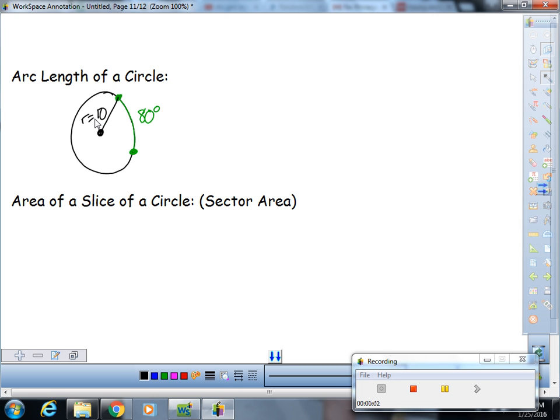It's measured in inches. So, in order to figure out the length of an arc, you just take what portion of the circle that it represents. So, that arc is 80/360ths of the entire circle. And then you just multiply times the circumference.